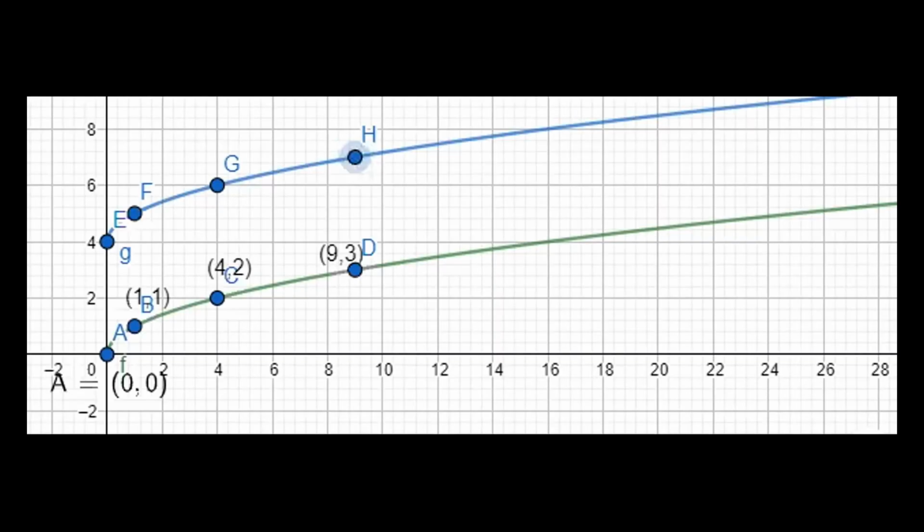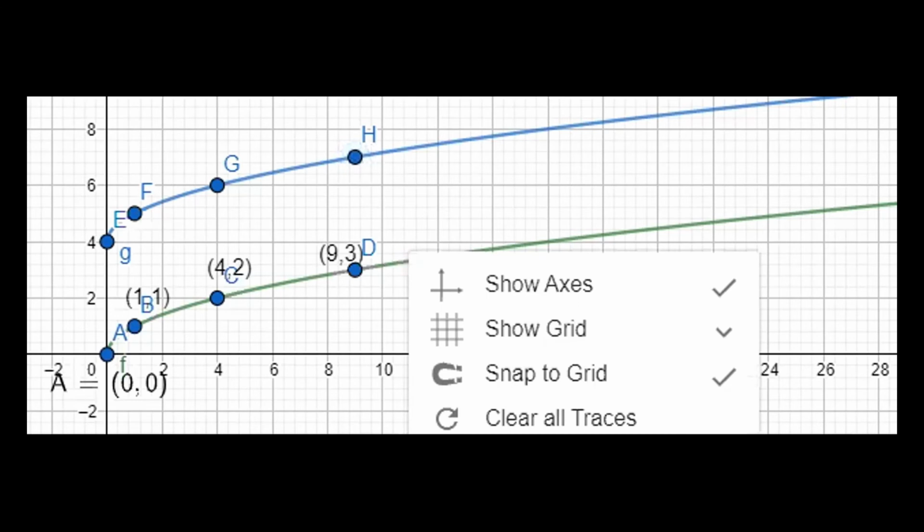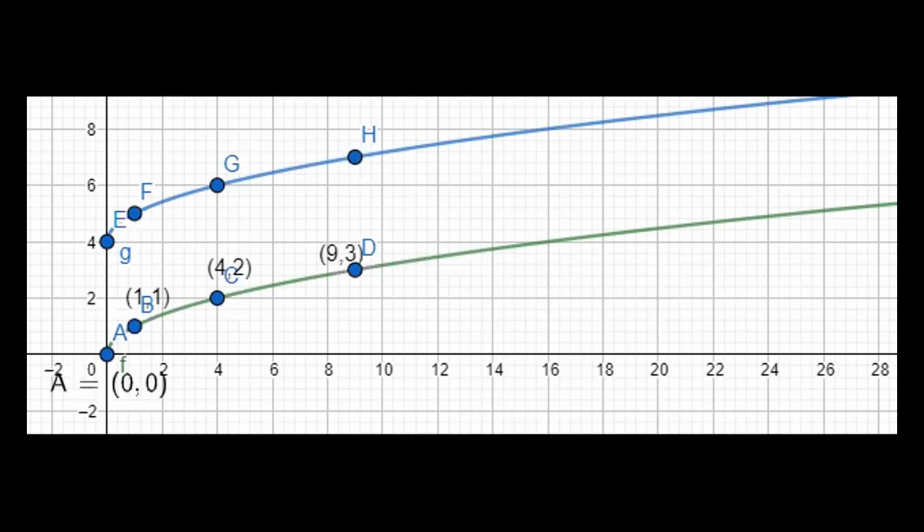So to come up with a domain and range, as I just stated, we can't put in negatives, but for each of these graphs, we're seeing that we can put in x greater than or equal to 0.